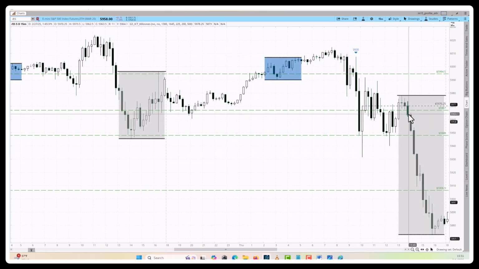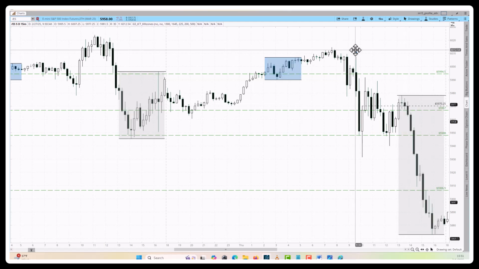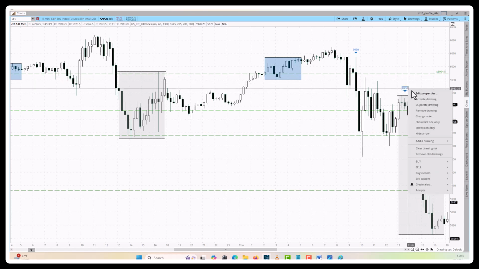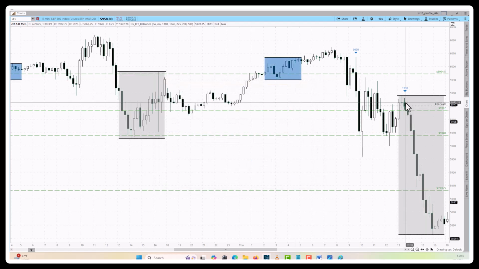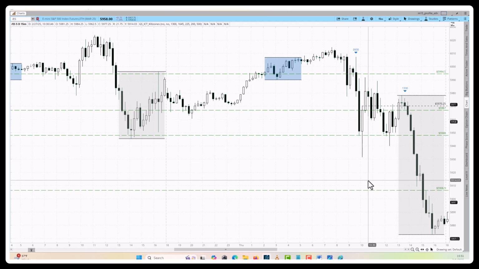So 0930 right there, and right here you see 12 exactly. This one is the start of the PM session. So 1:30 right there. 13:30, that means 1 p.m. 1:30 p.m. right there. And this one is the 10.